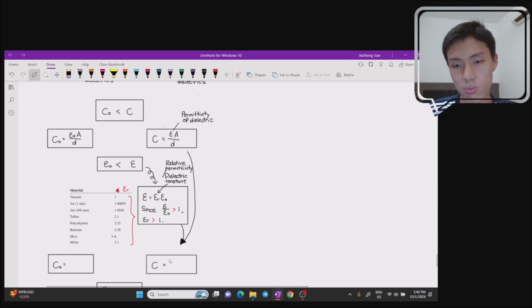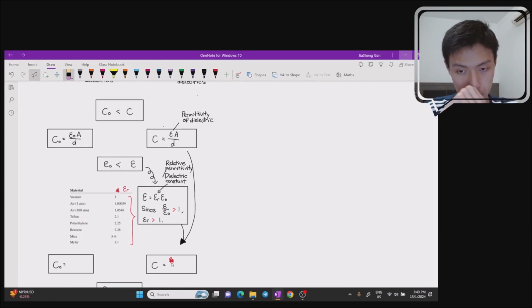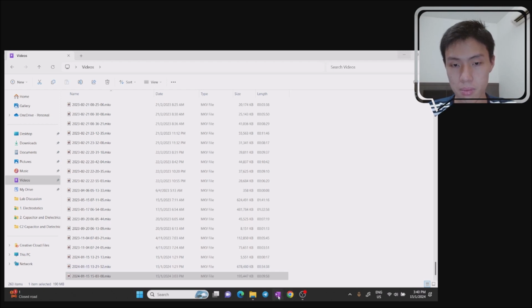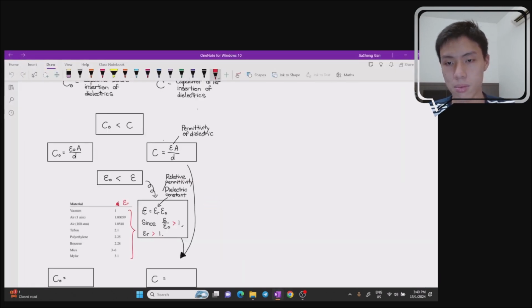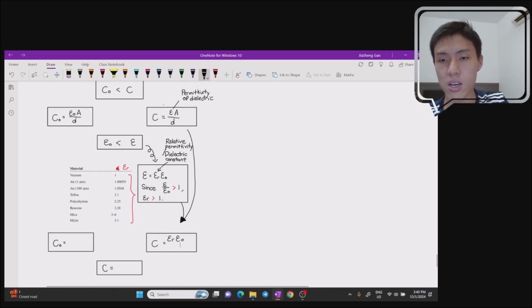So now this equation will be equal to epsilon r epsilon naught A over d.